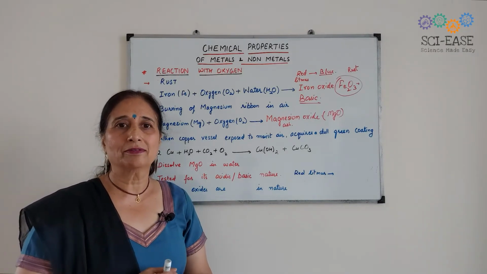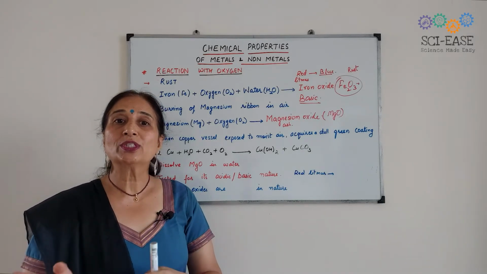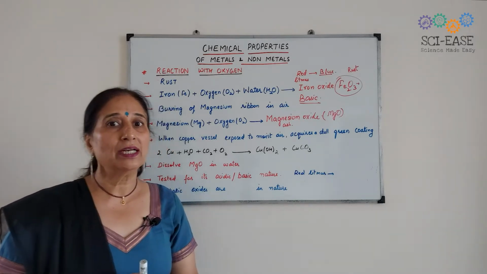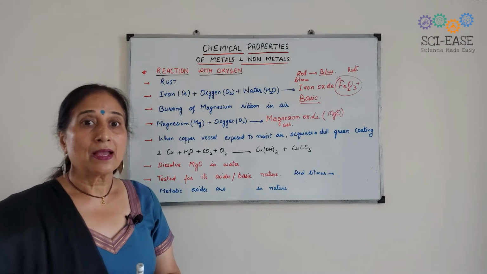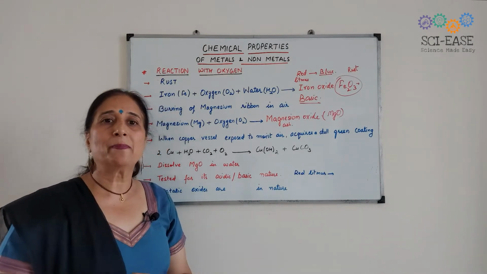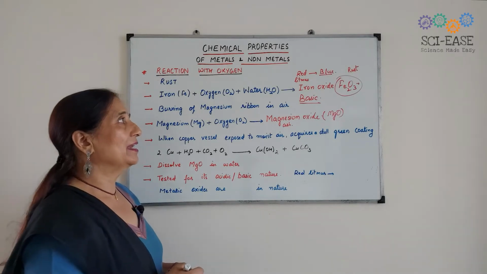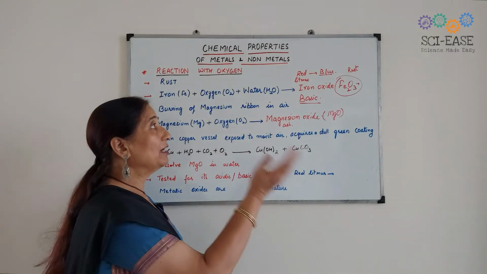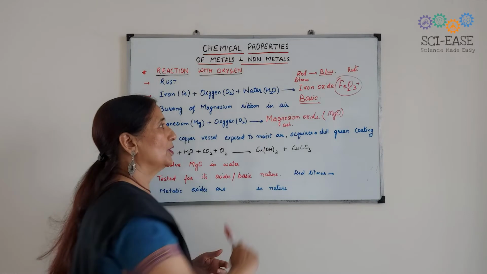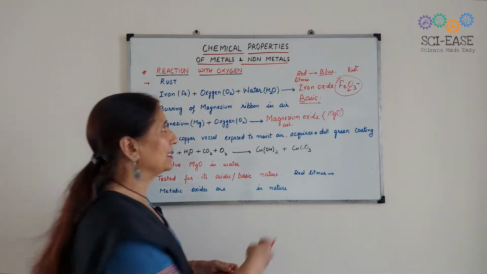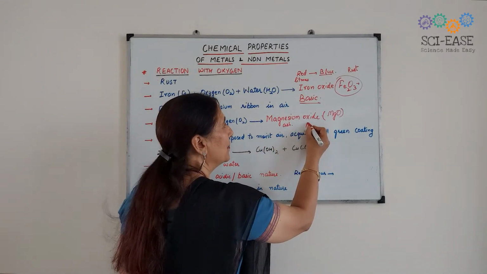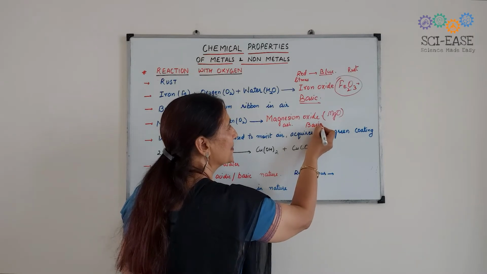What you will observe is there will be no change in the color of the litmus paper. Now put red litmus paper to it. Again the red litmus paper will turn blue. So magnesium oxide is also a basic oxide.